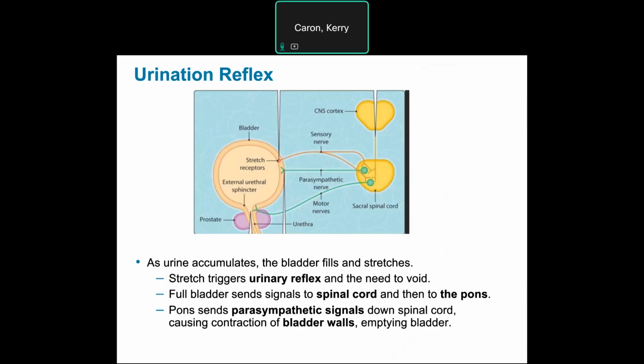A full bladder sends signals to the spinal cord and then to the pons in the brainstem. The pons then sends parasympathetic signals down the spinal cord, descending, causing the contraction of the bladder walls, and thus the emptying of the bladder.